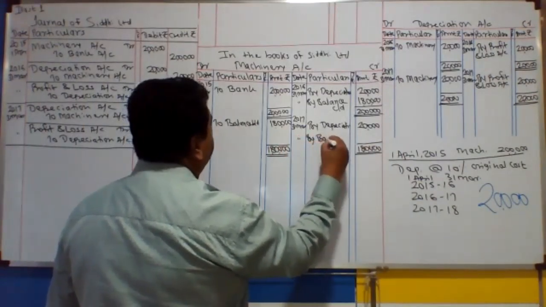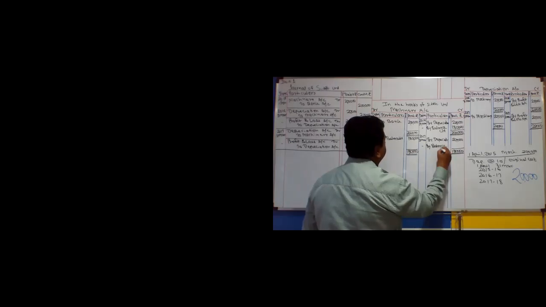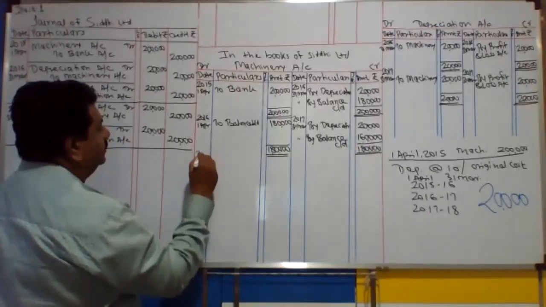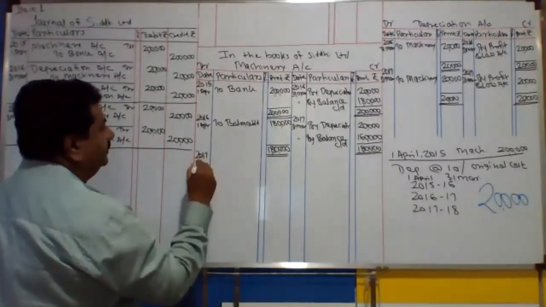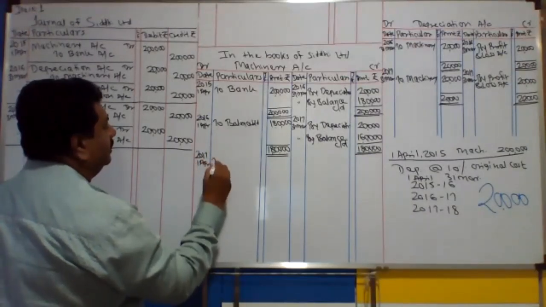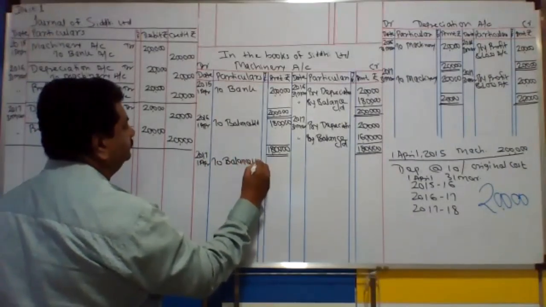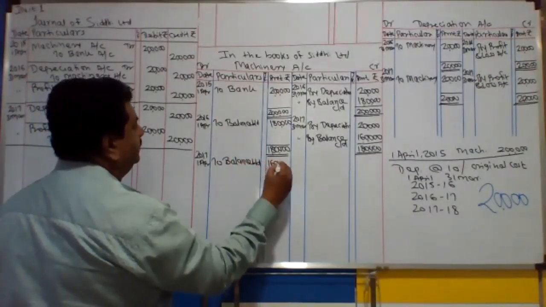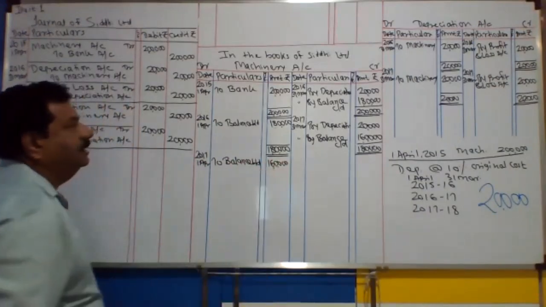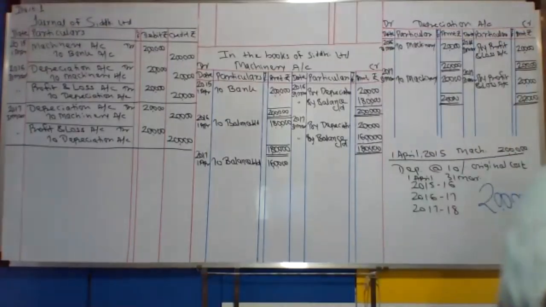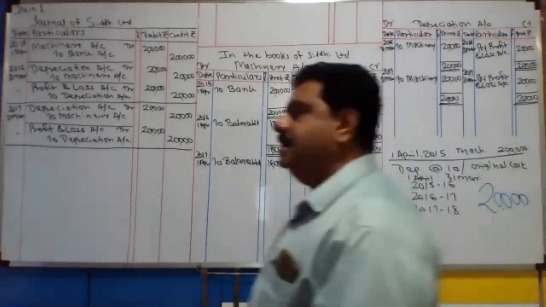So by balance carried down 1,60,000 and record here as a 2017 1st April, to balance brought down 1,60,000. So this is the way you are supposed to write journal entries and ledger accounts.